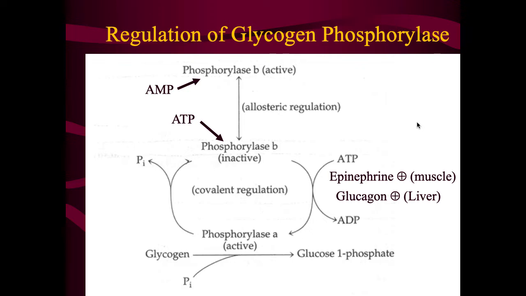Now, the other thing that epinephrine does is it provides fuel. So another way to do this is epinephrine also stimulates activity of glycogen phosphorylase in the liver. So next to epinephrine, put liver. Okay? Glucagon. What's the main function of glucagon? To raise blood glucose.